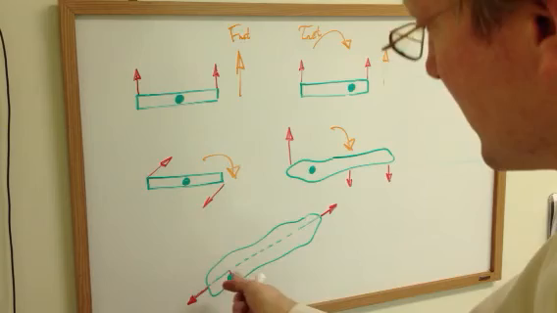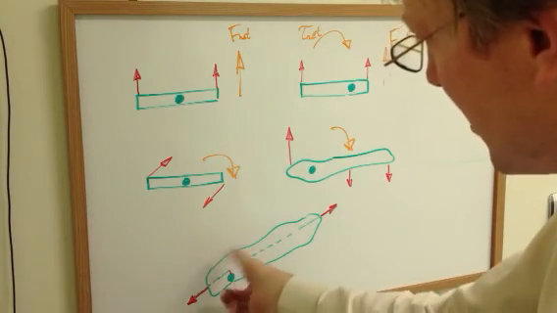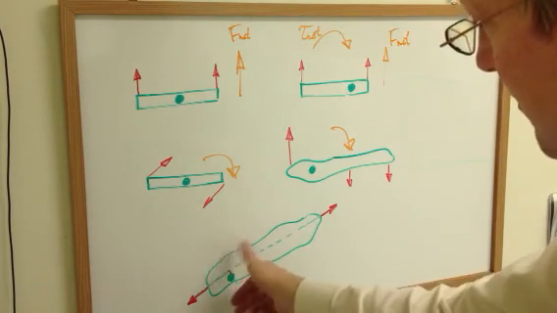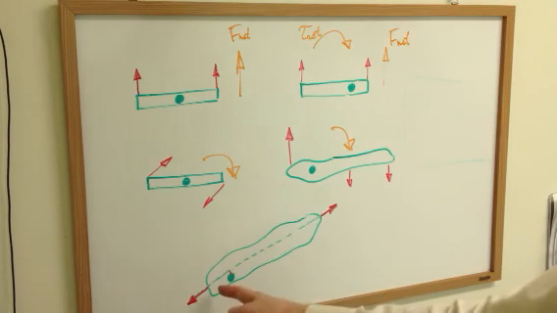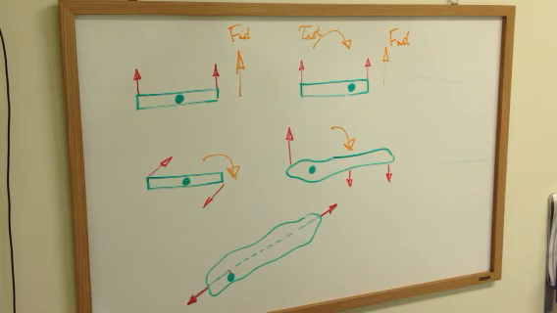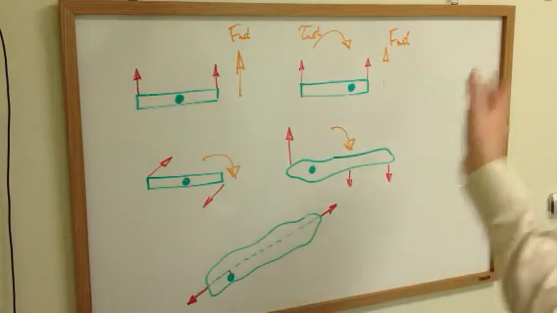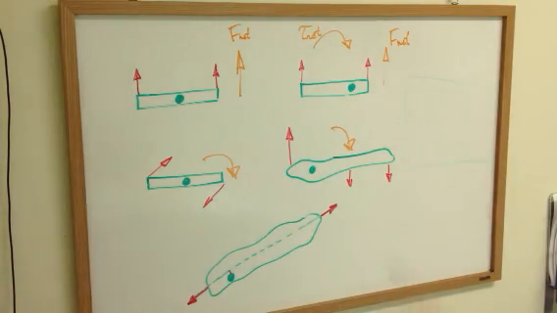This one is giving it a slight rotation this way, and this one is giving it a slight rotation that way. Those are equal and opposite, so that thing's not rotating either. So this one is in rotational equilibrium because there's no net rotation, and it's in translational equilibrium too. So I think you can now answer all of the questions based on our interpretation of these to begin with.